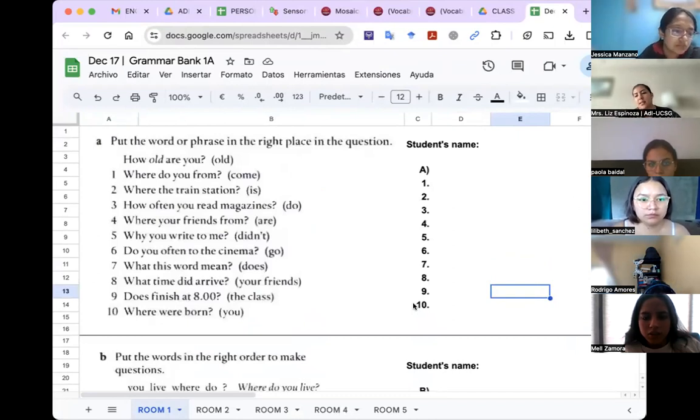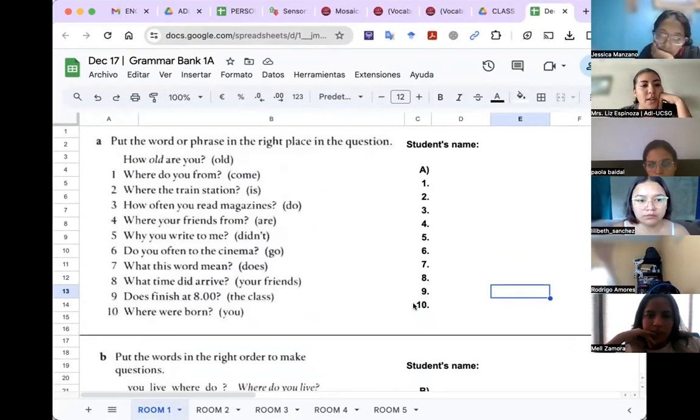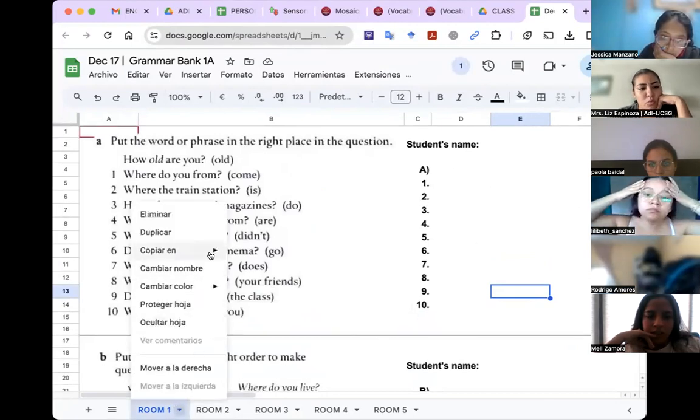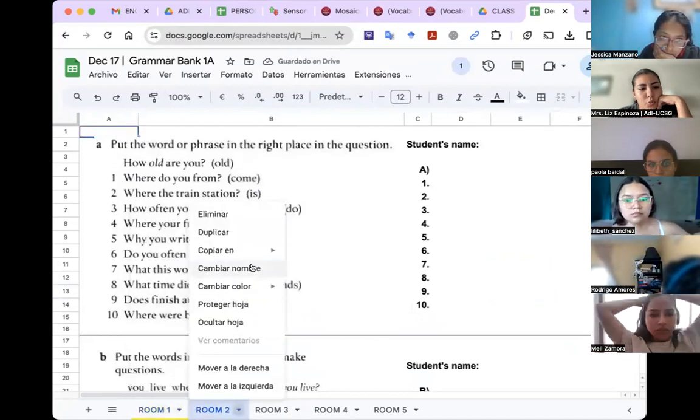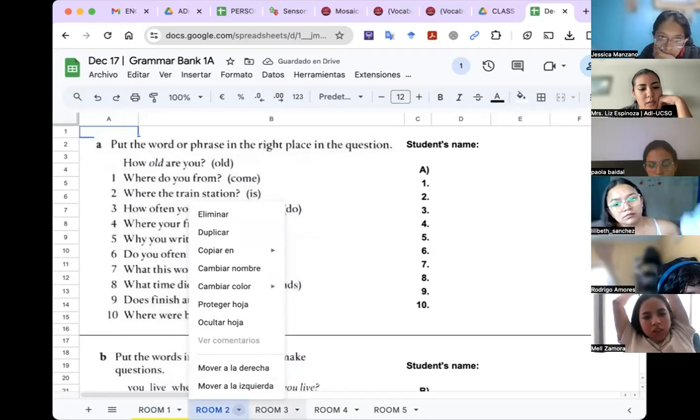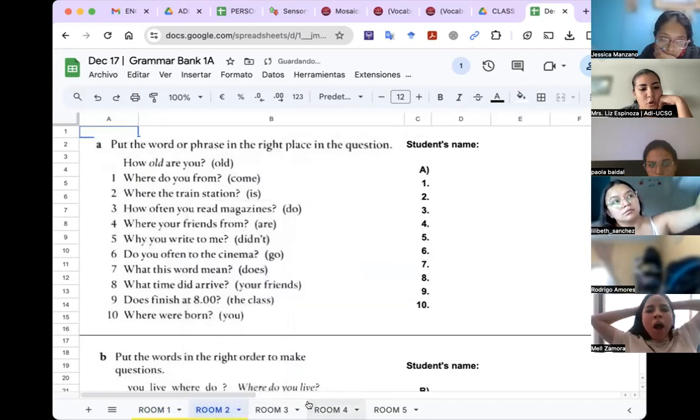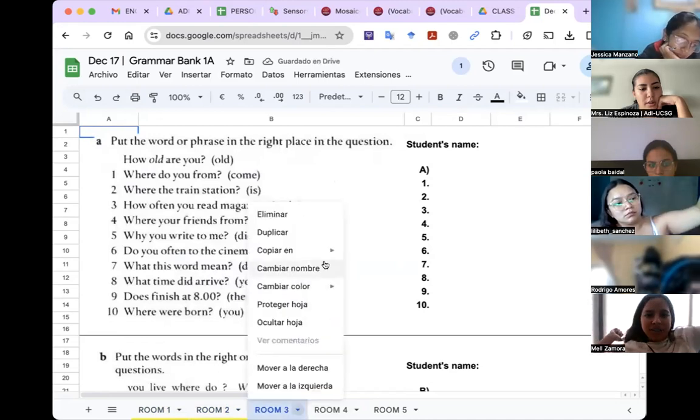For example, let's imagine I'm going to work with Rodrigo, right? So, Rodrigo, we choose number one. I ask you just to work on these three because we don't have 10 students today, so it will be difficult. So only choose room 1, 2, or 3. It doesn't matter.